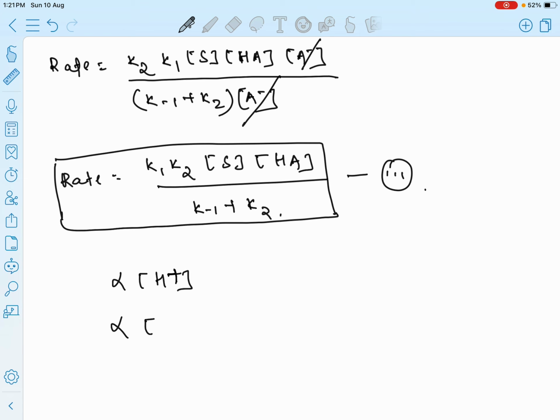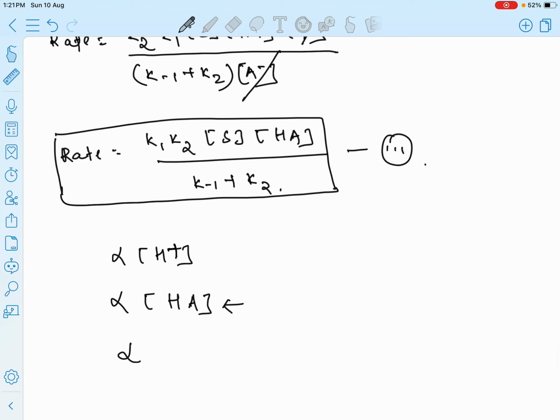It can be proportional to the conjugate acid. If conjugate acid, then it is said to be a general acid catalysis reaction. If the rate of the reaction is proportional to the A minus, it will be a base catalyzed reaction.